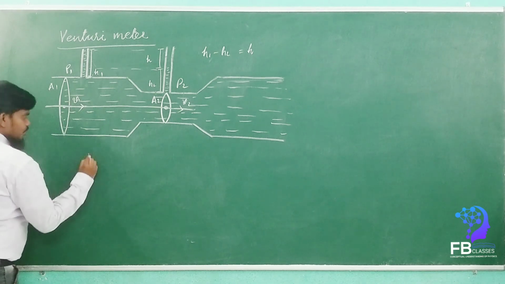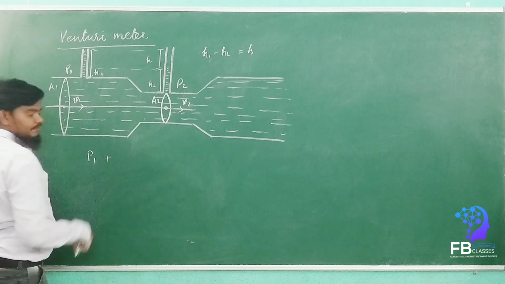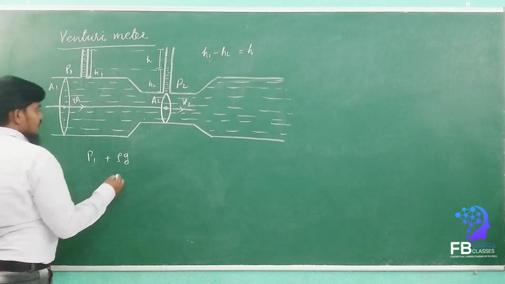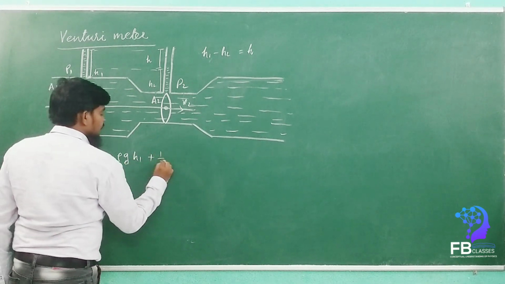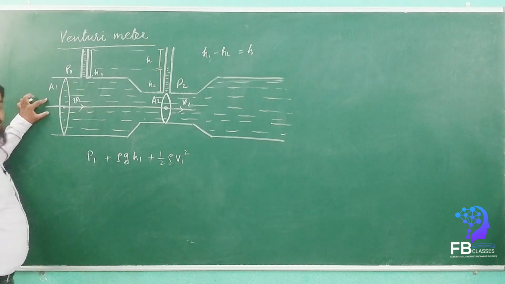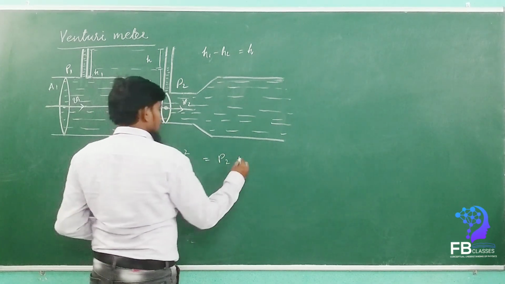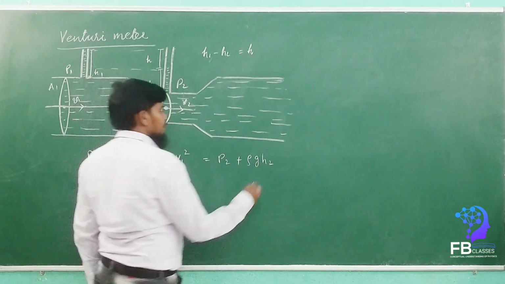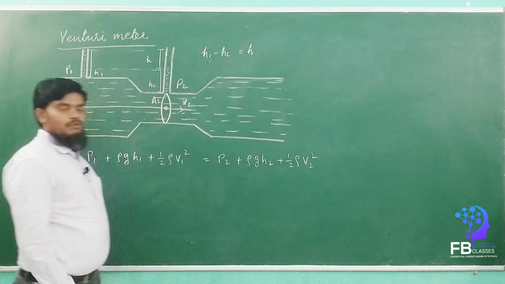So let it be the pressure P1 plus rho G H1 plus half rho V1 square is equal to P2 plus rho G H2 plus half rho V2 square.